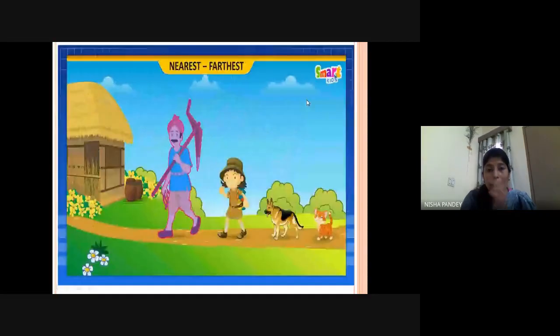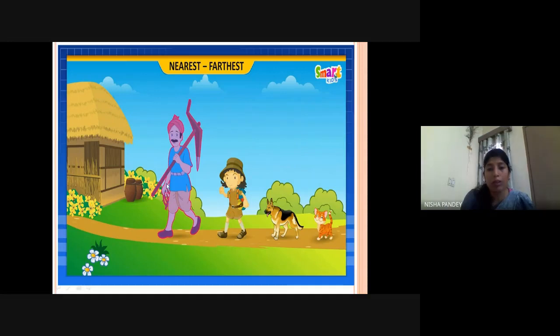Now next, let us understand with this picture the nearest and farthest concept. Okay, so this is a hut, and here this is a man, a girl, a dog, a cat.